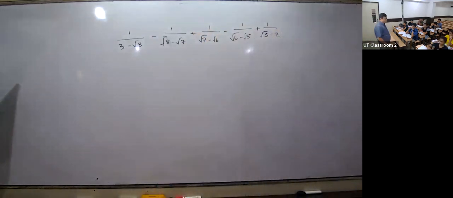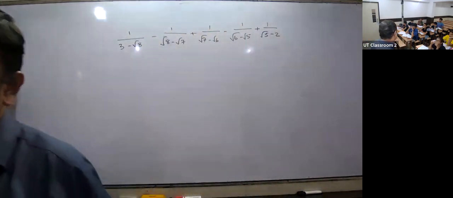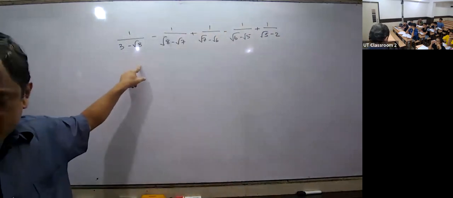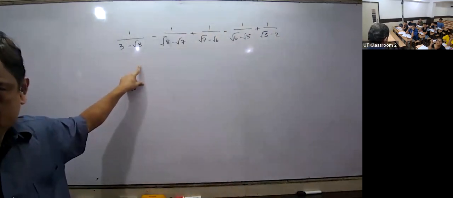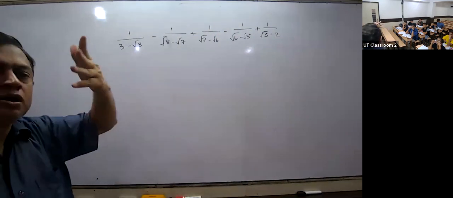Look here. If you take the terms, first of all, one by one you have to simplify. Simplifying is called rationalizing the denominator. Do you know how to rationalize the denominator? Yes, how?